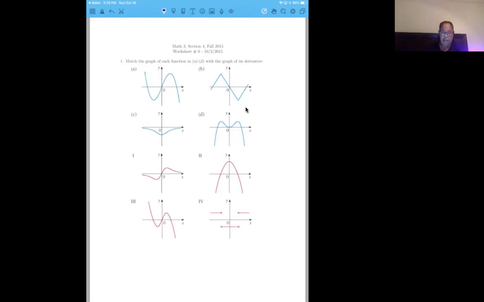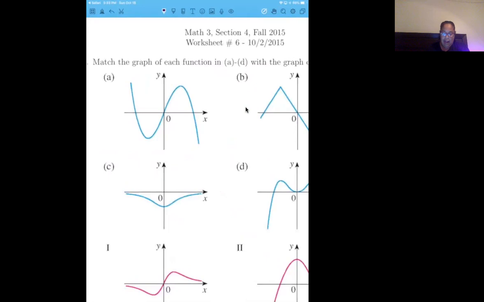So when I'm looking at this first one, I know it has a horizontal tangent line here and a horizontal tangent line here. So what I know about the derivative is it has a slope of 0 at these two places. The derivative should cross through the x-axis at both of these places.